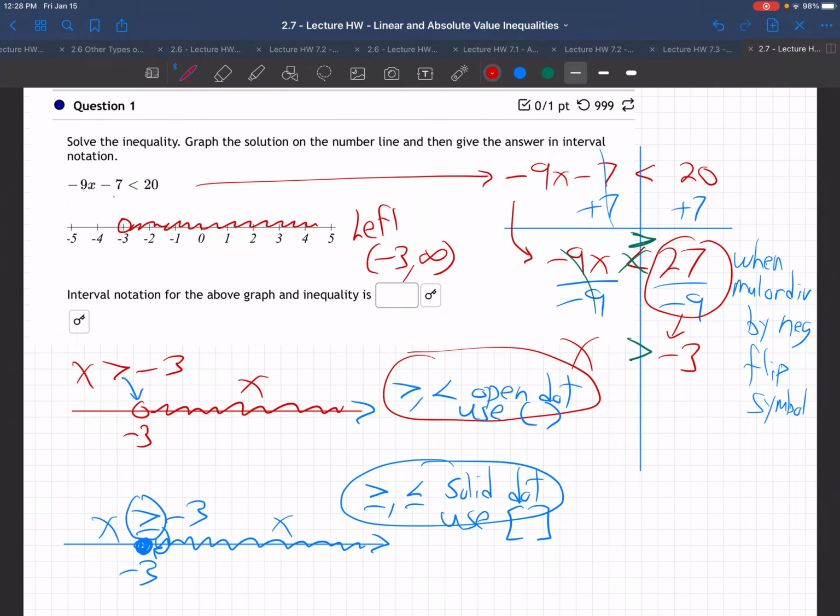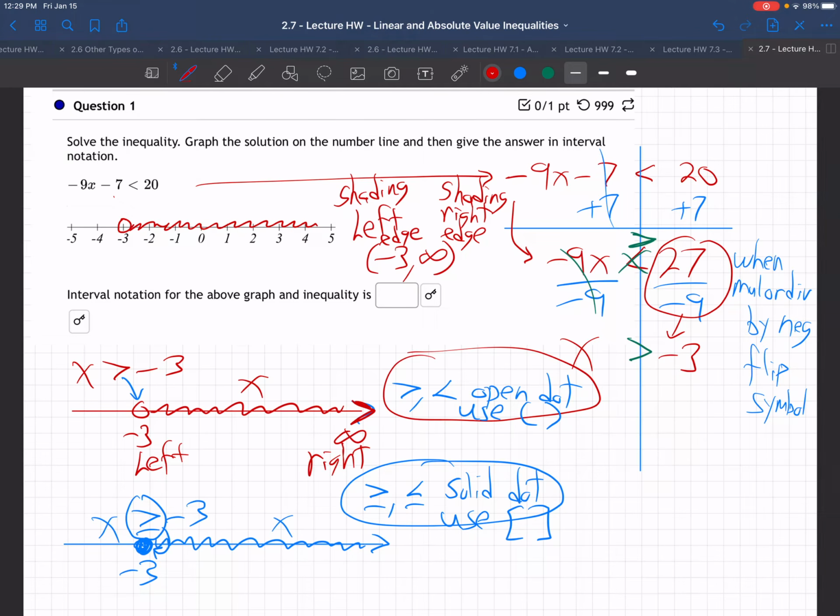Interval notation is the left edge of the shading and the right edge of the shading. For this chunk of shading, the left edge is negative 3. The right edge is that arrow, right forever, which is infinity.